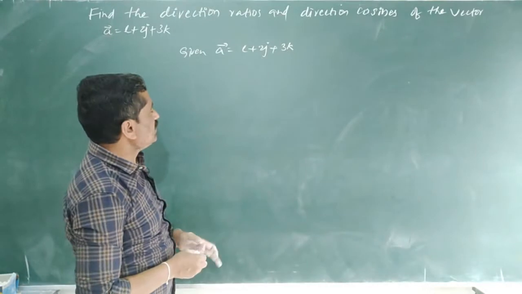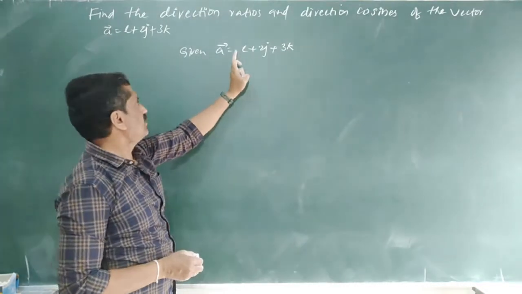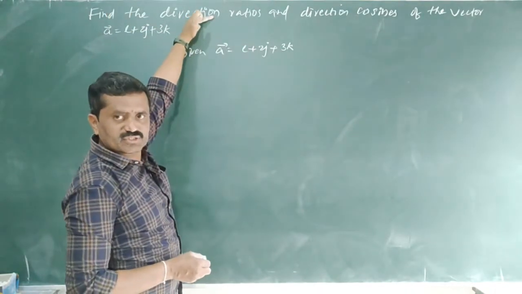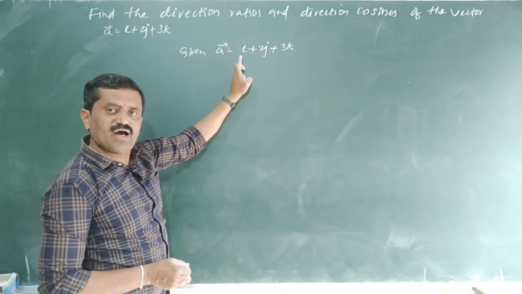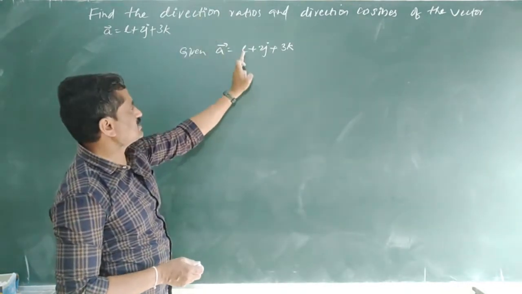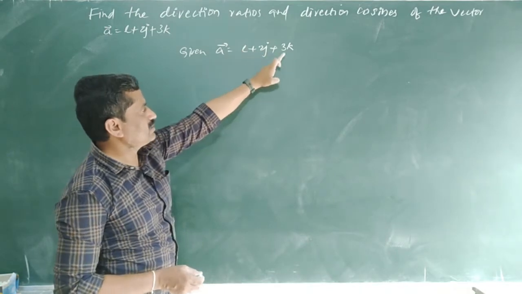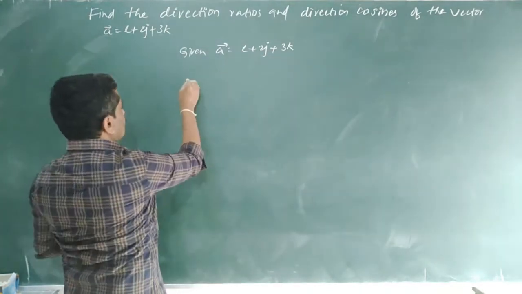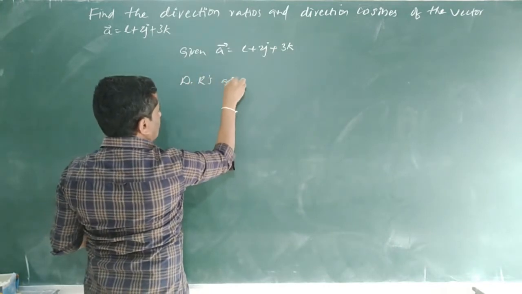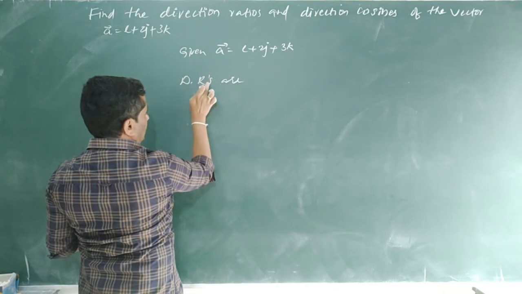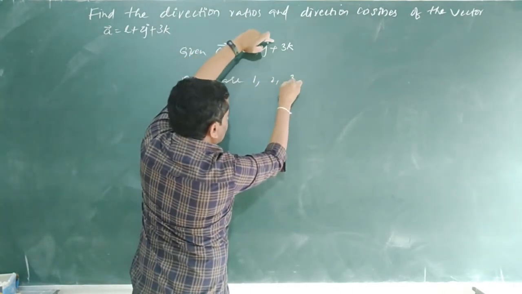Usually the scalar components of a vector are the direction ratios. Here the scalar components of the vector are 1, 2, 3. Therefore the direction ratios are 1, 2, 3.